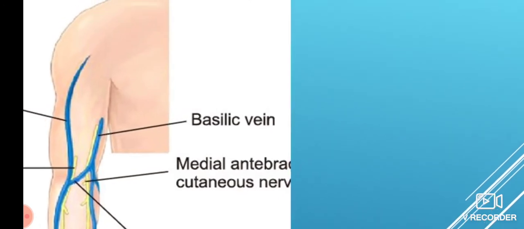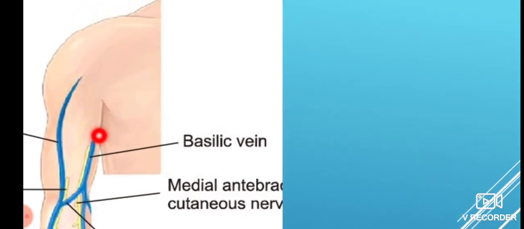After piercing, this vein passes deep into the axilla and continues as the axillary vein. So the axillary vein is the continuation of the basilic vein. To this axillary vein, the cephalic vein joins. That is what is happening there.